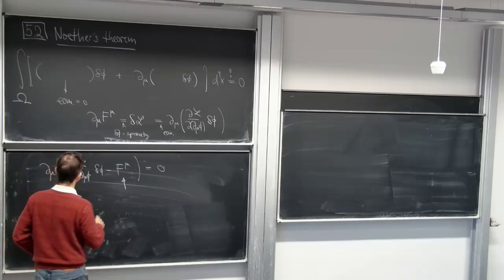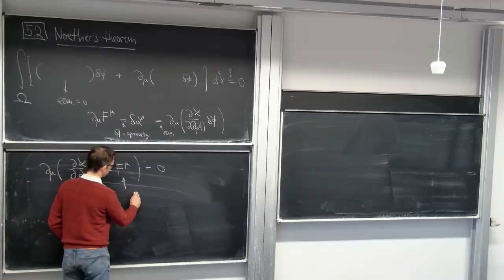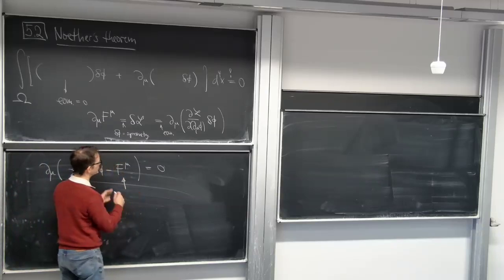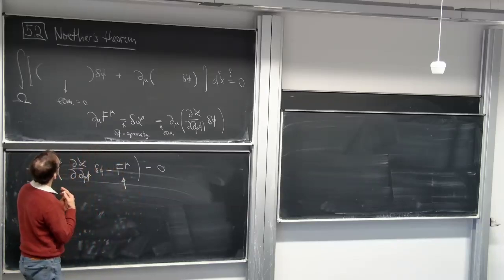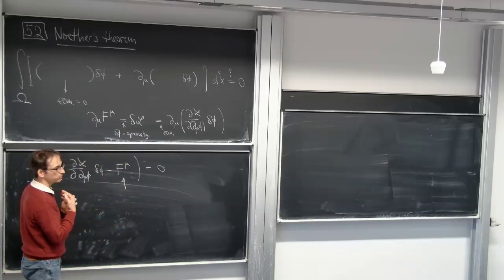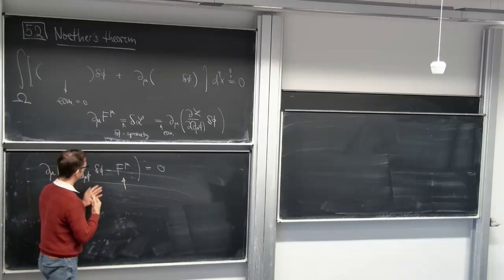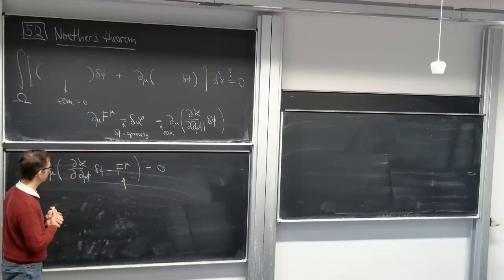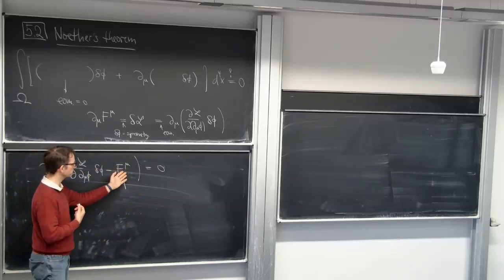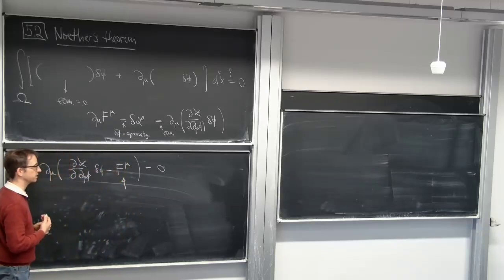We will find that this is the variation of the coordinates, which can happen as well, times the Lagrangian. In fact, this was the Lagrangian when we considered the translation of the scalar field as an example last time.